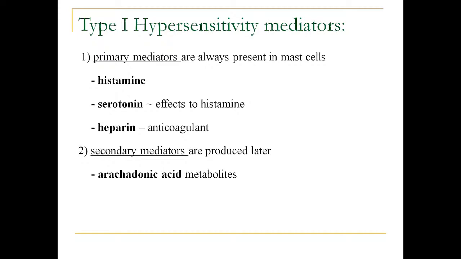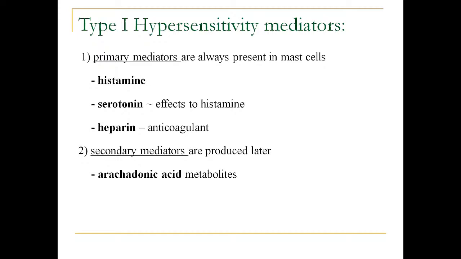Mediators that are produced in anaphylactic hypersensitivity can be divided into primary mediators and secondary mediators. Primary mediators are always present in mast cells in granules. They include histamine, serotonin, and heparin.